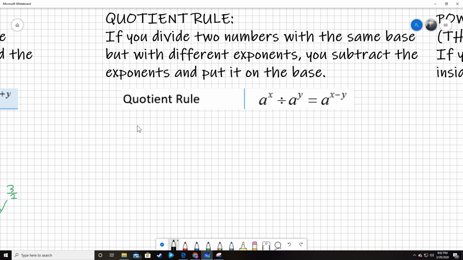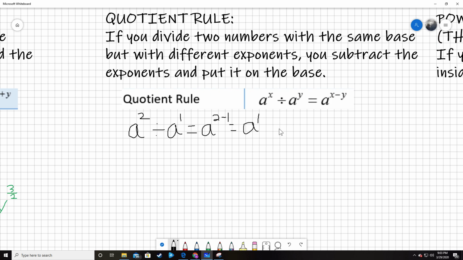So let's say we have a to the second divided by a, I'll write it this time to the first. What ends up happening here is we would take a and we would take it to the 2 minus 1 power. 2 minus 1 we know is 1, so this would be a to the first.